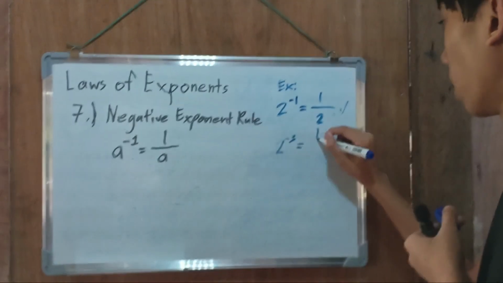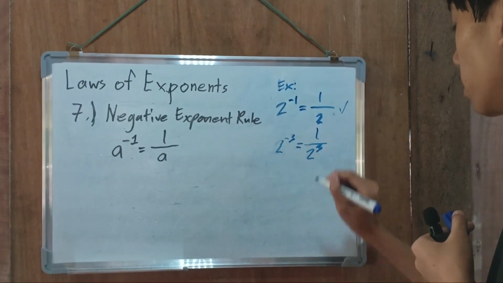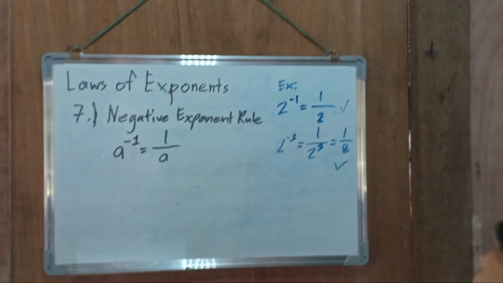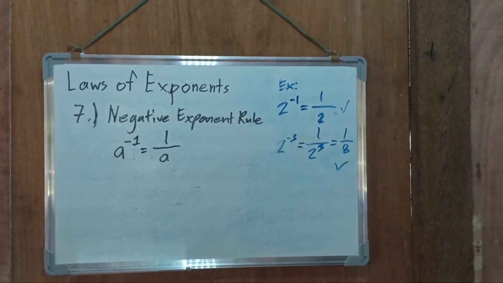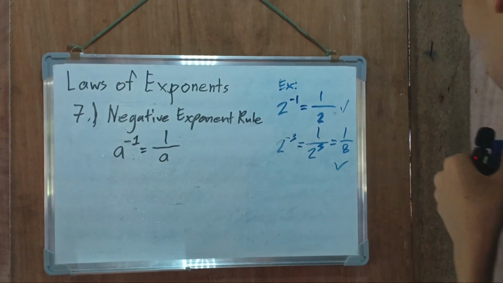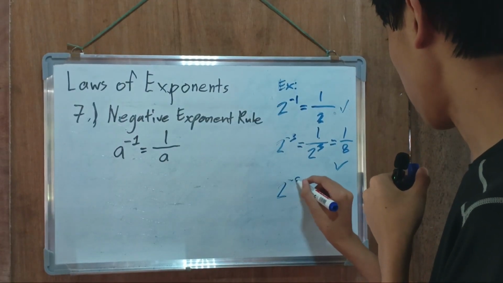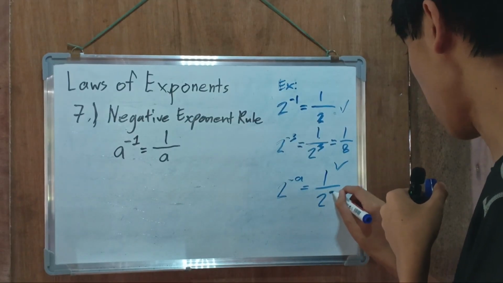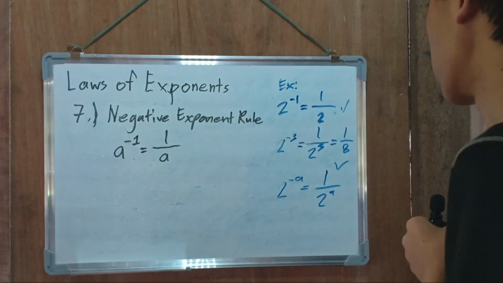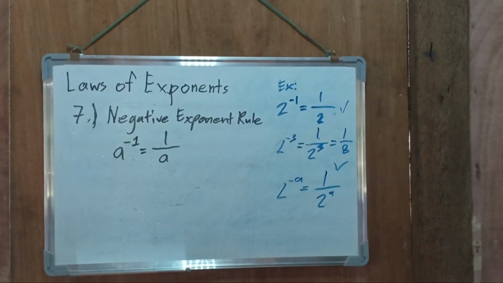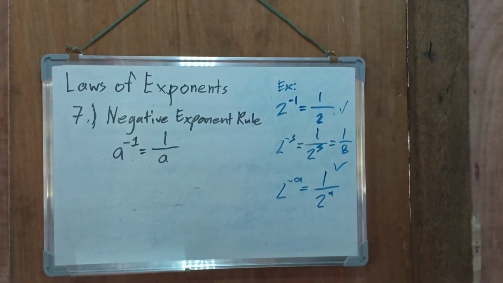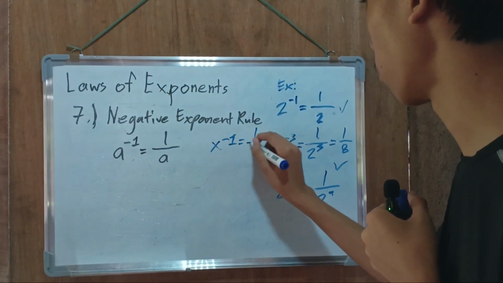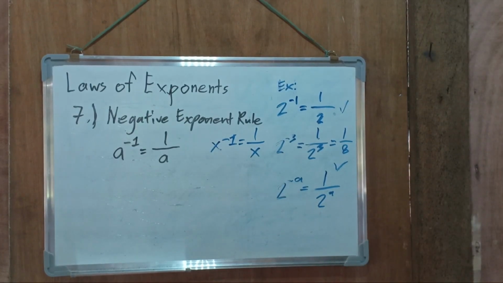Well, that means this is 1 over 2 to the third, which is 1 over 8. What if it is a variable? Well, if it's 2 raised to negative a, this would become 1 over 2 to the a. It's the same with a variable base. So if it's x raised to negative 1, this would become 1 over x. Still the same thing.